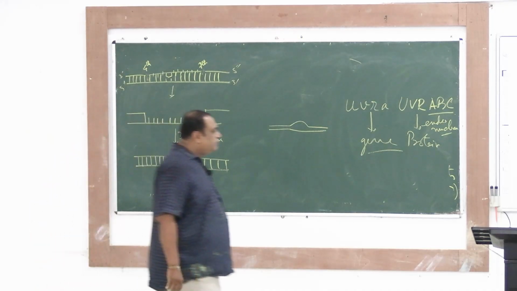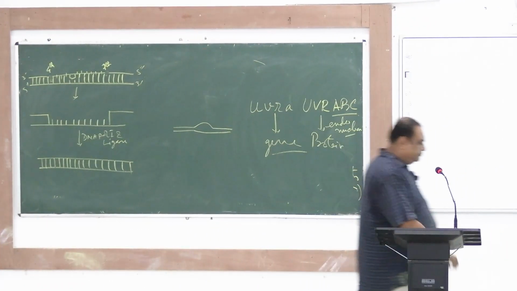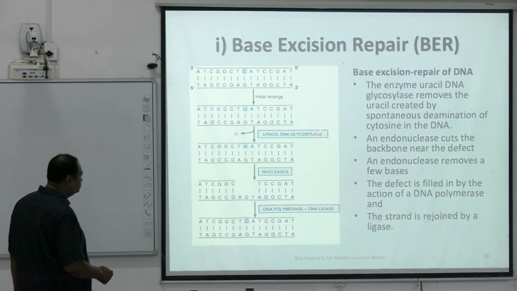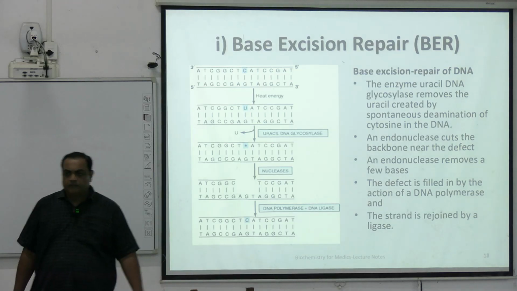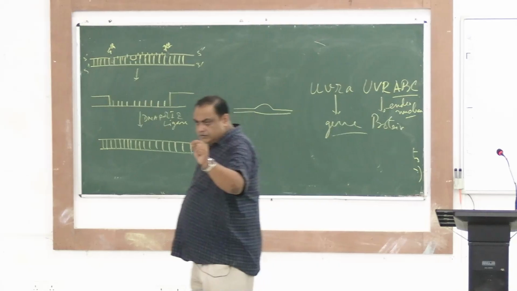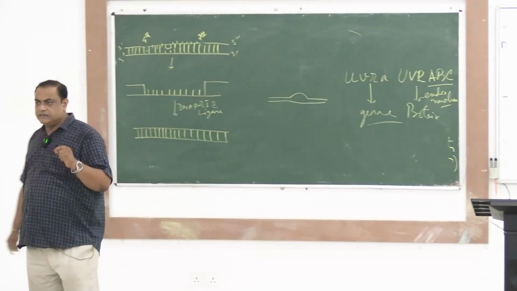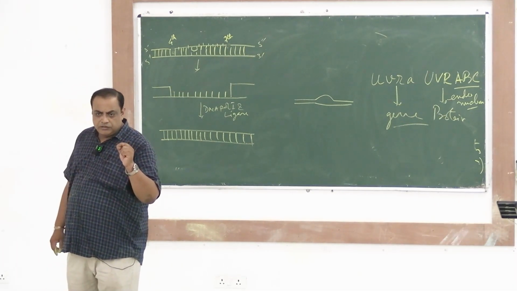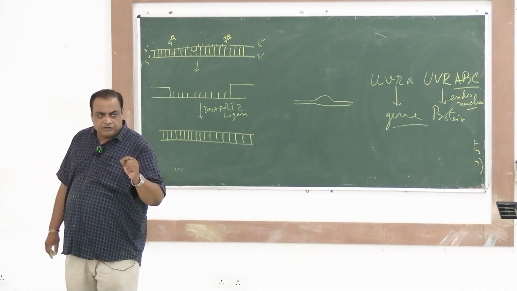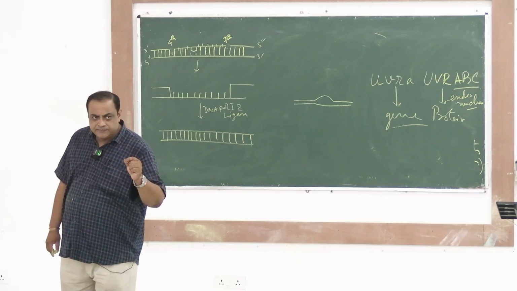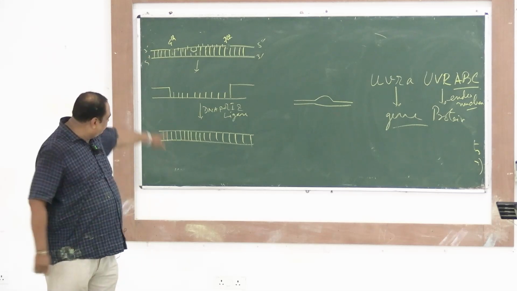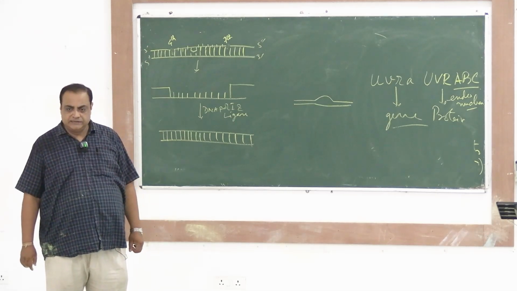The base is removed by a separate enzyme which cleaves the bond between sugar and the base. What do you call that bond? Glycosidic bond, right? So the enzyme which cleaves the glycosidic bond is called glycosylase. So DNA glycosylase enzymes cleave the faulty bases.